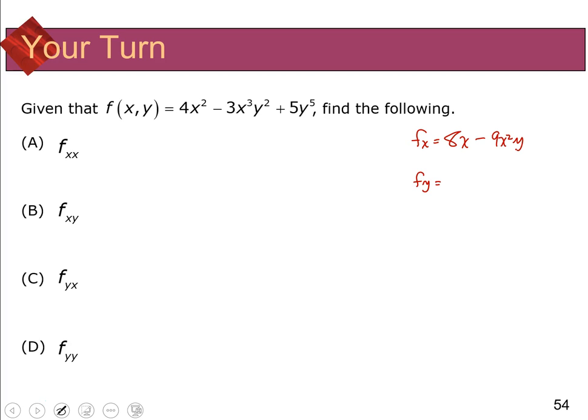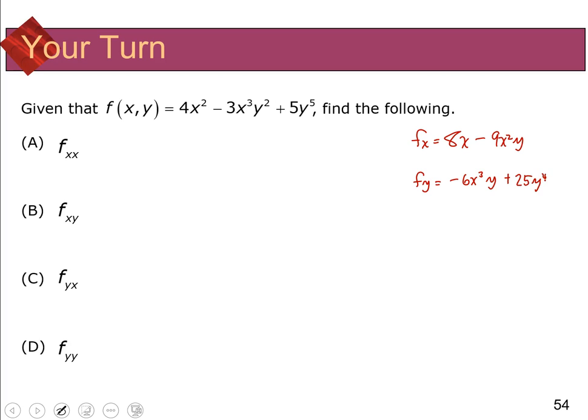When I do f sub y, the 4x squared is a constant, so that's going to go away completely. I'm going to have negative 6x cubed y, and plus 25y to the fourth.